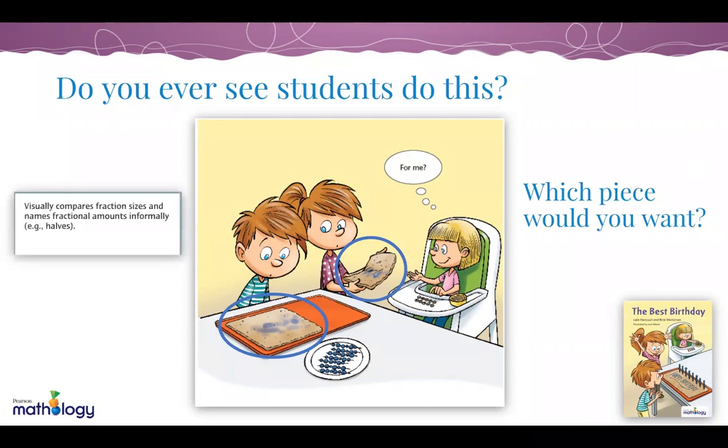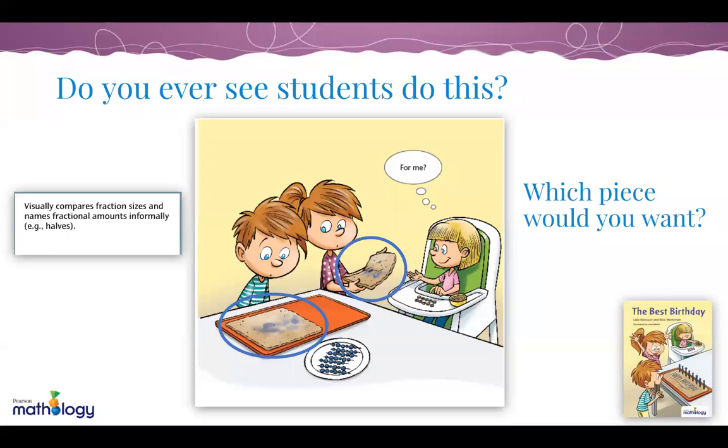The very beginning of our learning progression begins with visually comparing. They might just look at the two pieces and decide that they're not even or not fair, but not know exactly how to make it fair. They might be naming that fractional amount very informally: I have half, you have half, and thinking about how to equally share that piece of cake.